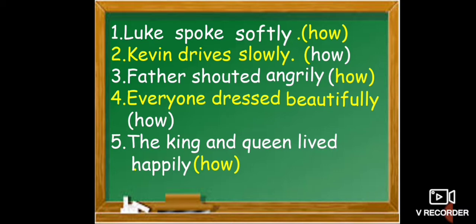Read the next sentence. Kevin drives slowly. Kevin drives how? Slowly. Father shouted angrily. How father shouted? Angrily. Everyone dressed beautifully.